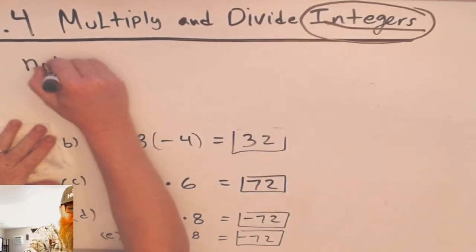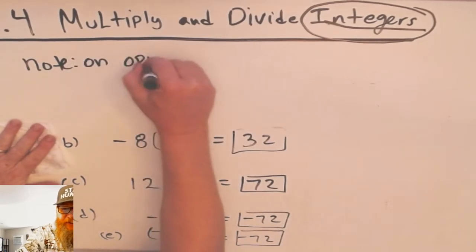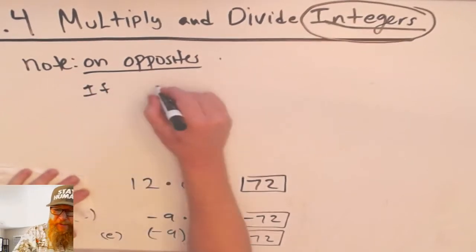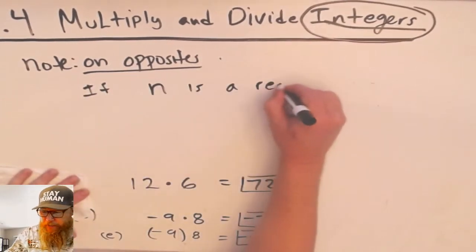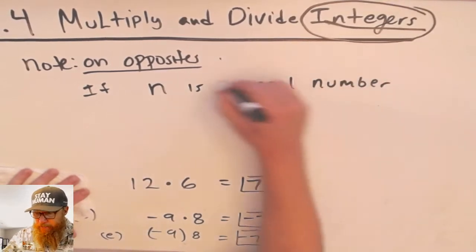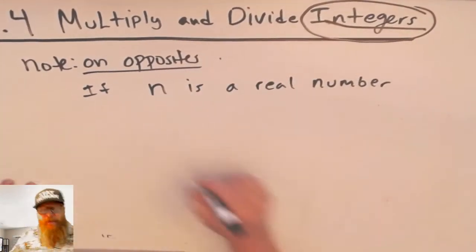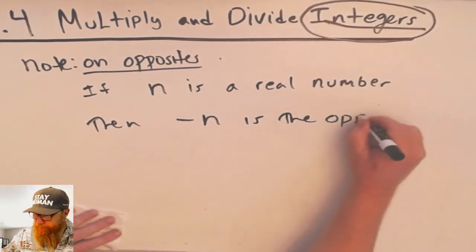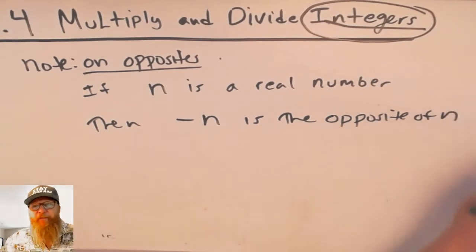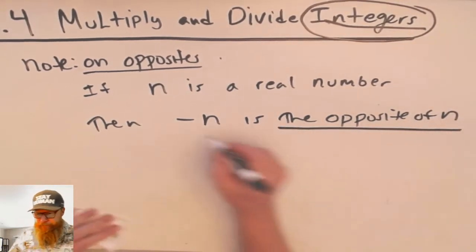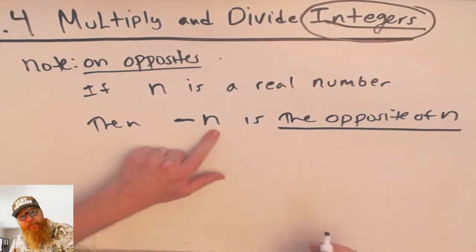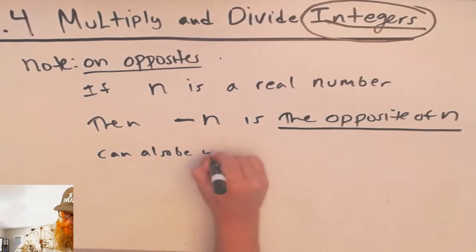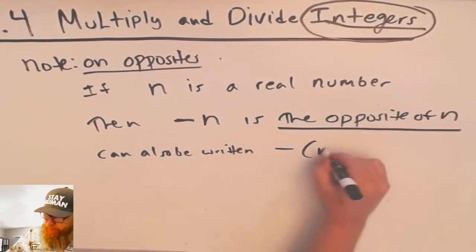Before I move on, I'm going to do a note on opposites. If n is a real number, then negative n is the opposite of n. So we read this as the opposite of n. It can also be written negative parentheses n.